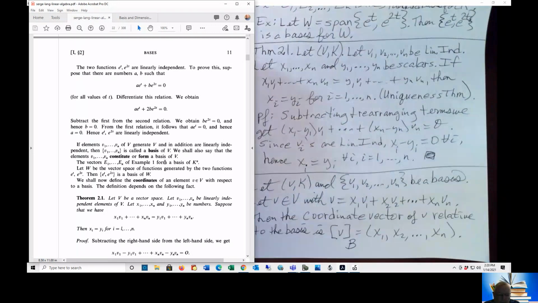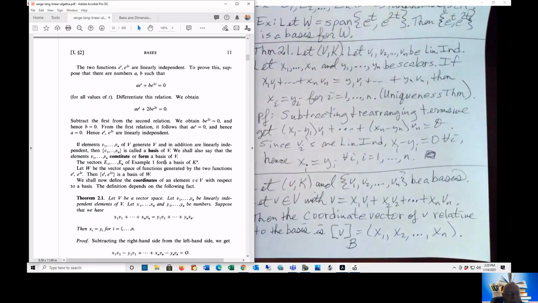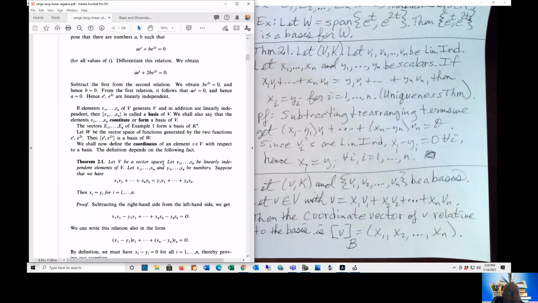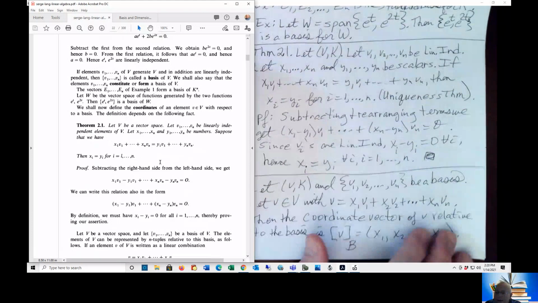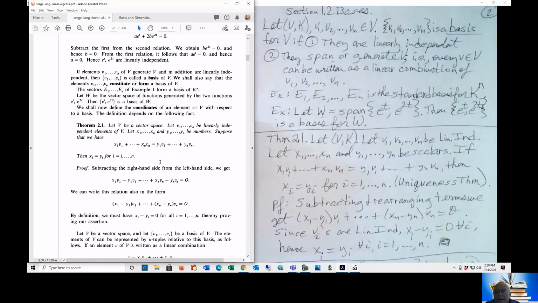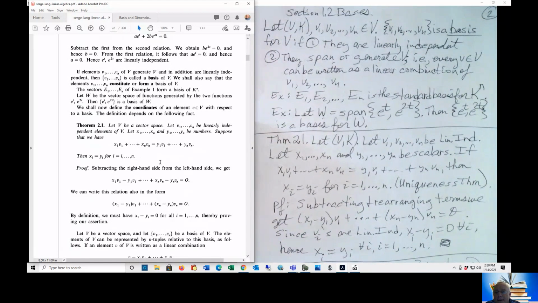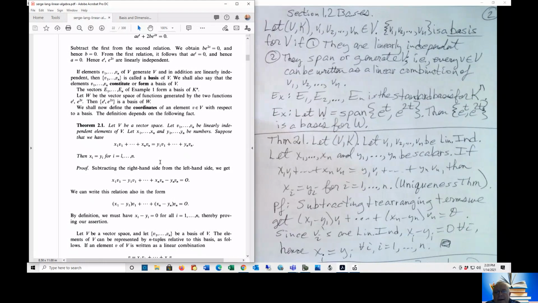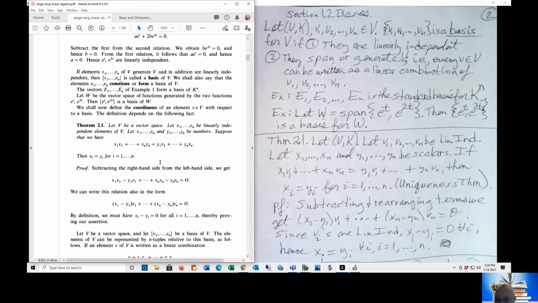Now, what is a basis for a vector space? Here's the definition. Let V be a vector space over K. Let v1 to vn be a set of n vectors in V. We say that this set of n vectors forms a basis for V if two things are true.